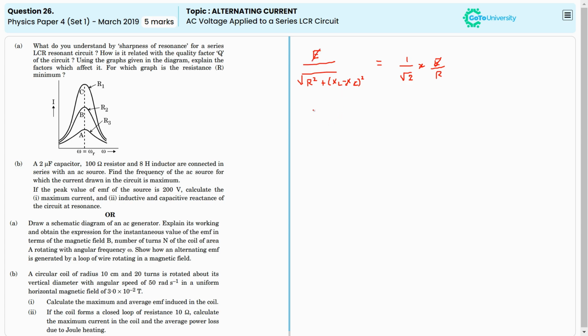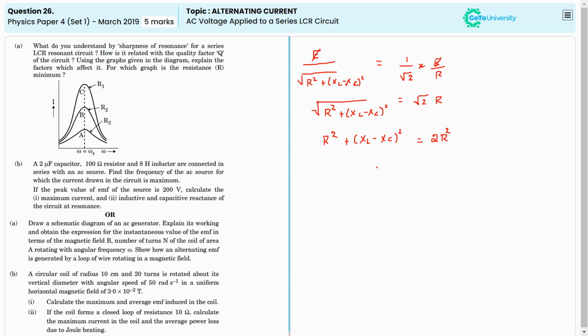Then we'll get under root of R square plus XL minus XC whole square is equal to root 2 times R. Then squaring both sides, we will get R square plus XL minus XC whole square is equal to 2R square.